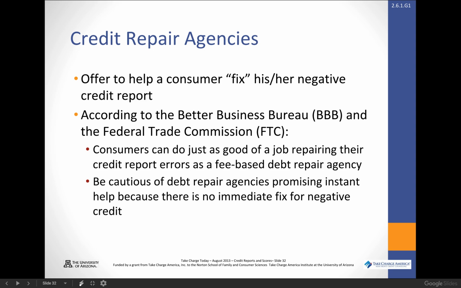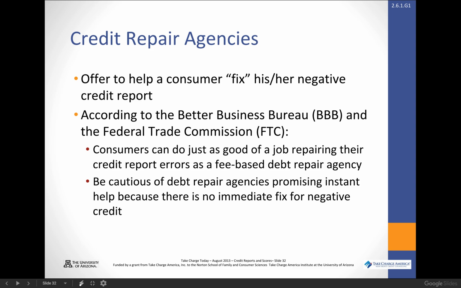Going through a credit repair agency, you're going to have to pay a fee in order for them to help fix your credit report. But there are things that you can do to help repair your credit history without paying this fee to these agencies. And this is because there really is no immediate fix for negative credit.